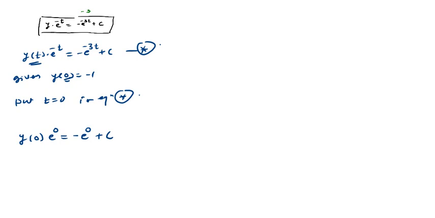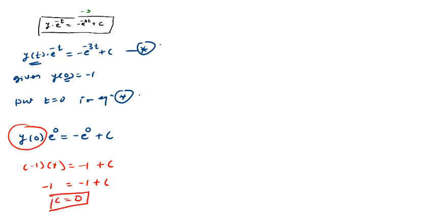We are given the value for y of 0, which is minus 1. e to the power 0 is 1, so minus e to the power 0 is minus 1, plus c. So minus 1 equals minus 1 plus c. The minus 1 gets cancelled, and we get the value of c equal to 0.